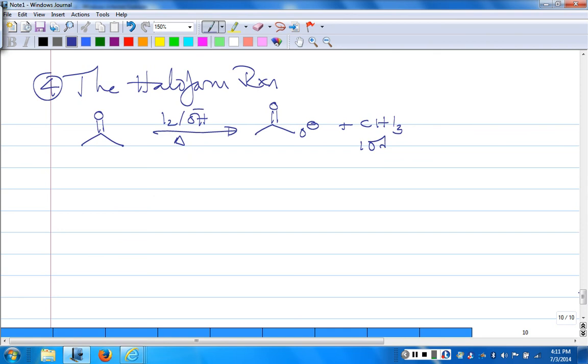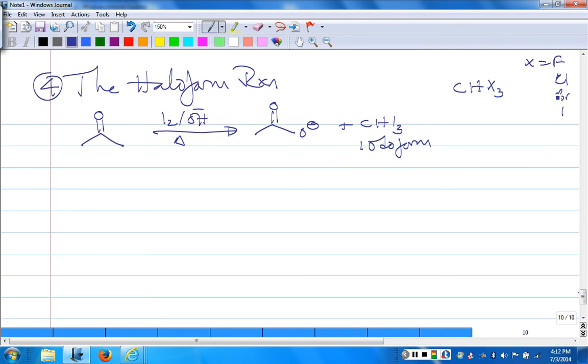This compound is called iodoform. If I have CHX3, where X is chlorine, fluorine, bromine, and so on, these compounds are called haloforms. So I have fluoroform, chloroform, bromoform, iodoform.